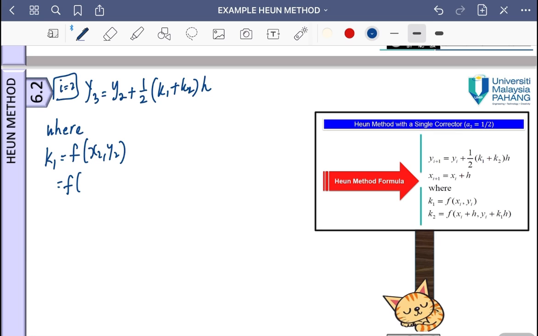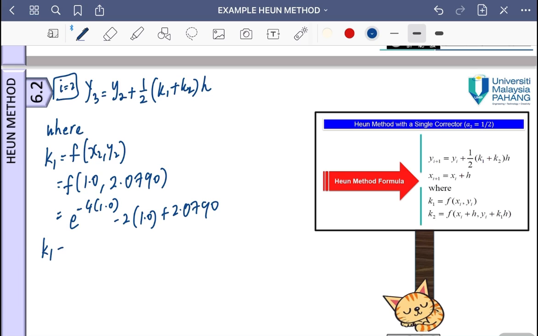If we substitute x2 is 1.0, and y2 from the previous calculation is 2.0790, into the equation, e to the power of negative 4 times 1.0 minus 2 times 1.0, plus 2.0790, you may obtain your k1 equal to 0.0973.